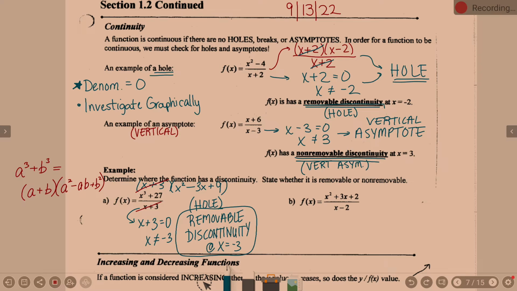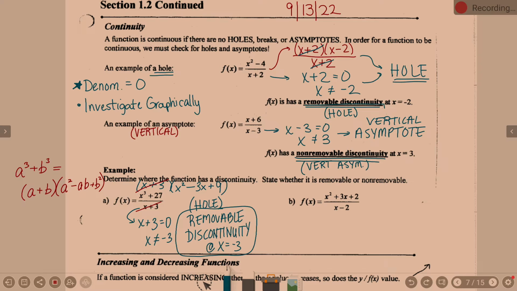Non-removable is an asymptote, right? Removing an asymptote doesn't fix the graph, so to speak, because the graph is still split and going different directions. So it's a name to describe that type of discontinuity. Okay? Questions on that one? Other than the factoring might have been a little different.